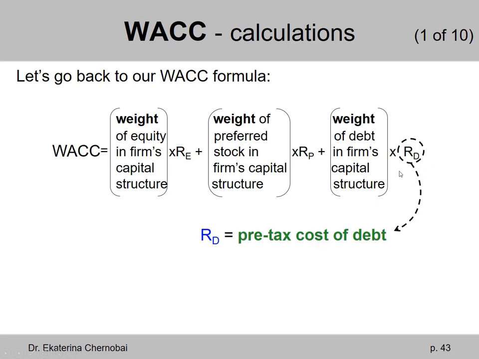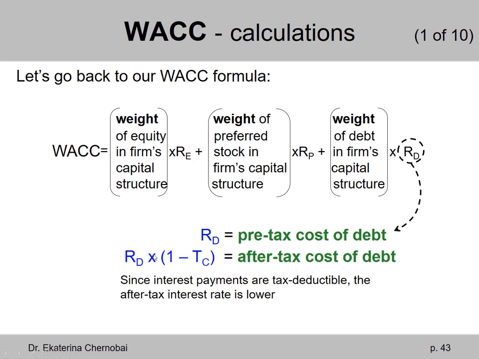Turns out that RD is the so-called pre-tax cost of debt. There's something called after-tax cost of debt, where we take RD and multiply by 1 minus the corporate income tax rate, denoted by capital T subscript capital C.